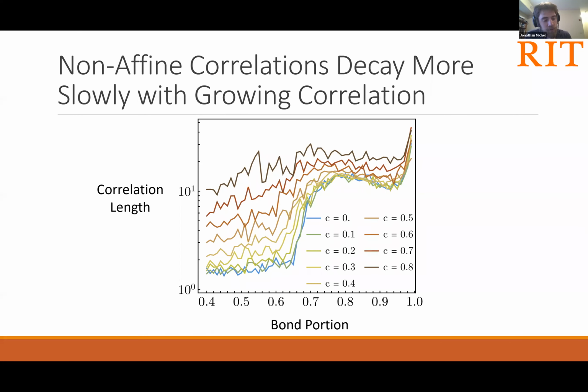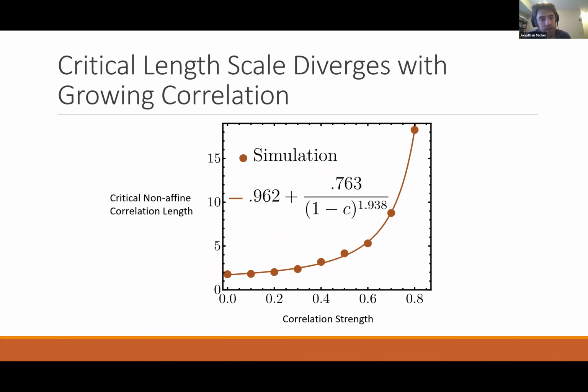So we can go through and pick out the correlation length at the critical bond portion for each correlation strength. Here on the y-axis, I'm showing you once again this non-affine correlation length, but specifically at the point of rigidity percolation. This appears to diverge with correlation strength.